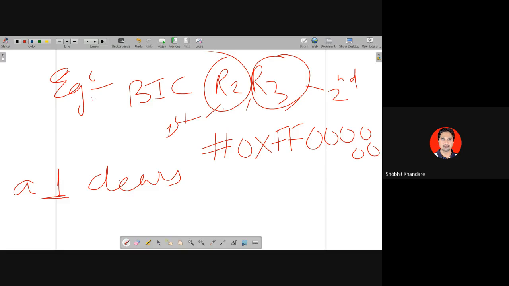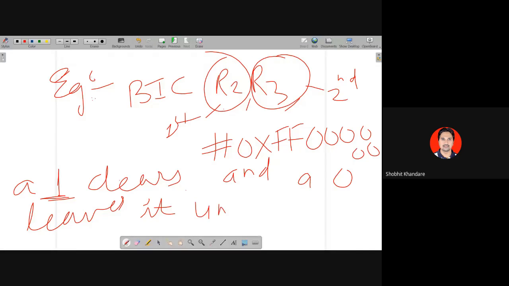What are you writing? You are writing: for each bit in the second operand, a 1 clears the corresponding bit in the first operand, and a 0 leaves it unchanged. Now this is very important.